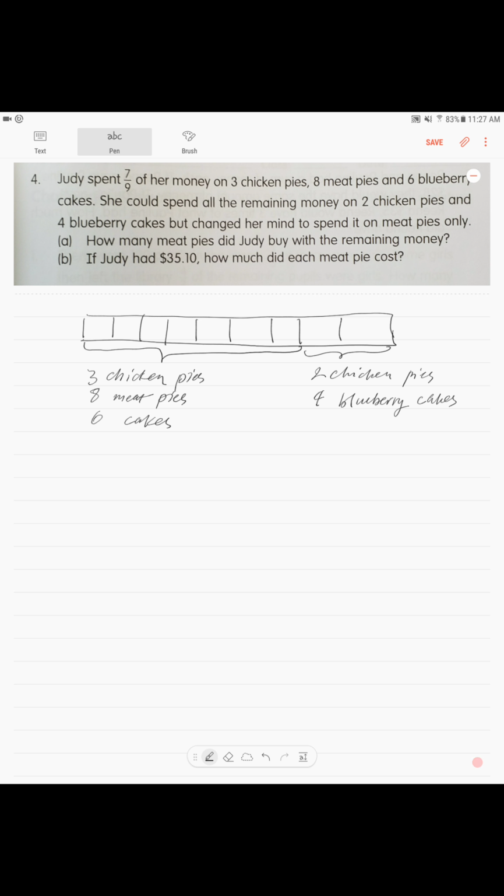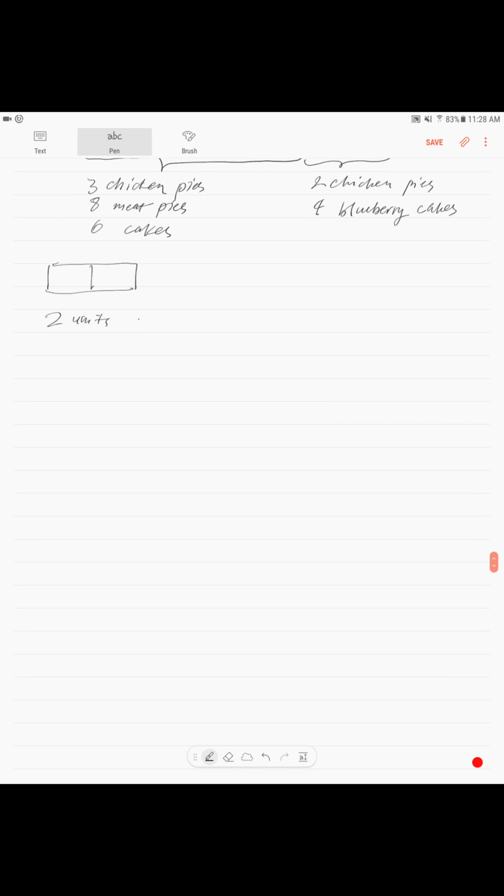So now your logic goes: your 2 units. You can write it by hand if you want. 2 units can buy 2 chicken pies and 4 cakes.